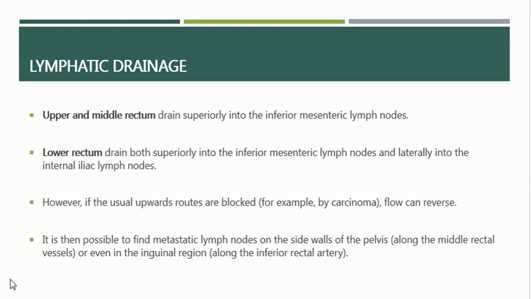So in carcinoma of the lower third of the rectum, when the upper flow is blocked, lymph nodes in the inguinal region can sometimes become involved, along the inferior rectal artery.